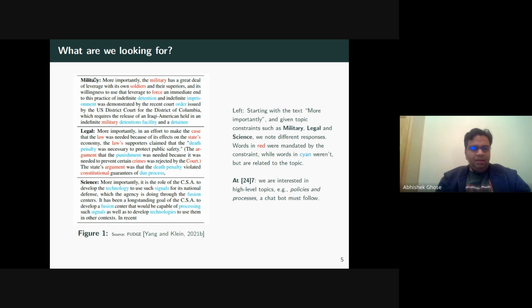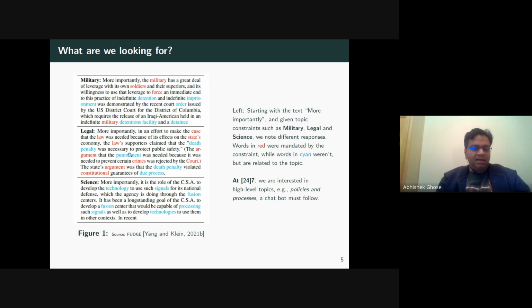And in the FUDGE example, the experiment was executed by giving context, military or legal or science, to the base model, right? That was the constraint. That was a topic constraint. So the base LM was asked to produce something related to the military topic or the legal topic or the science topic with the input prompt "more importantly," right?